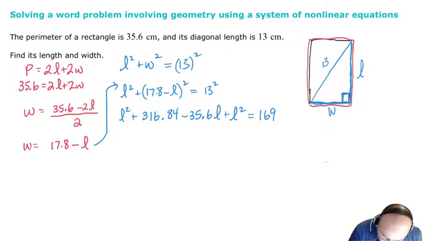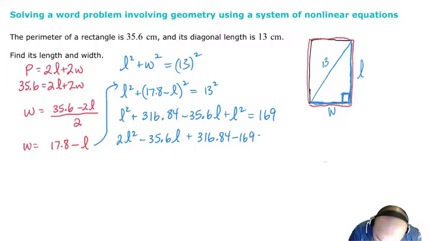Let's simplify this. 2L squared minus 35.6 times L plus 316.84 minus 169, set that equal to 0.